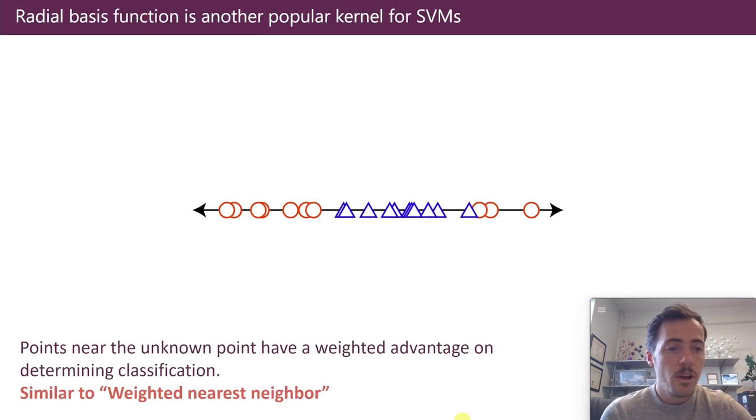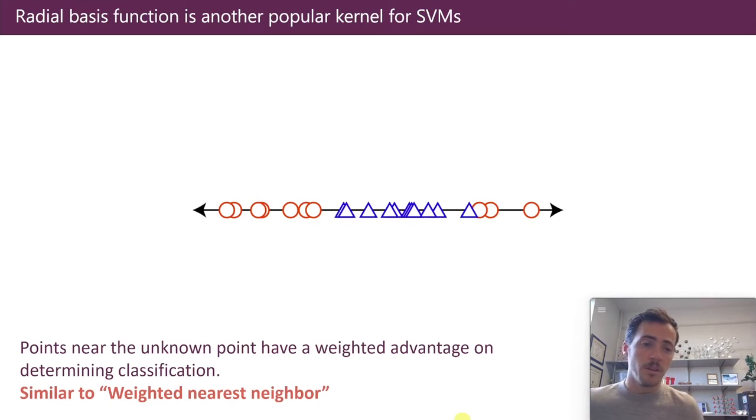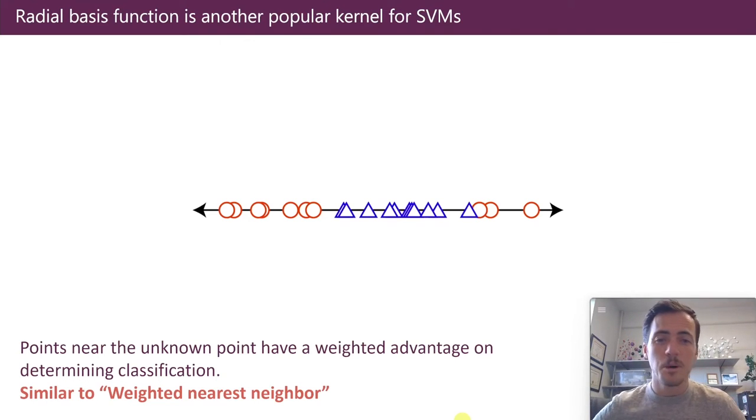But there are other kernels. One of them, a popular one, is called the radial basis function. It's another popular kernel for SVMs. It's a little harder to explain. It's technically got infinite dimensions, which sounds gnarly. We'll show you briefly what that means in a moment. But in essence, when you get a new data point, let's say your new data point is right there, that star, and you're asking yourself, should it be with the circles or the triangles when we classify it?